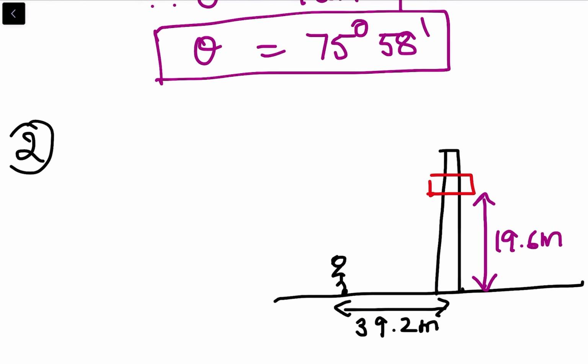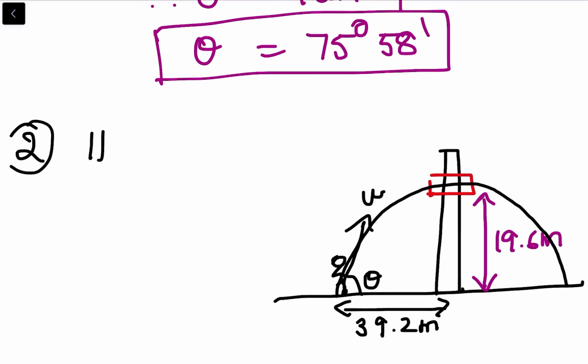That means the height of the projectile is 19.6. It has gone through the window and fell again like this. That means it's a projectile motion. It's making an angle theta. Initial velocity is u. We have to find u.